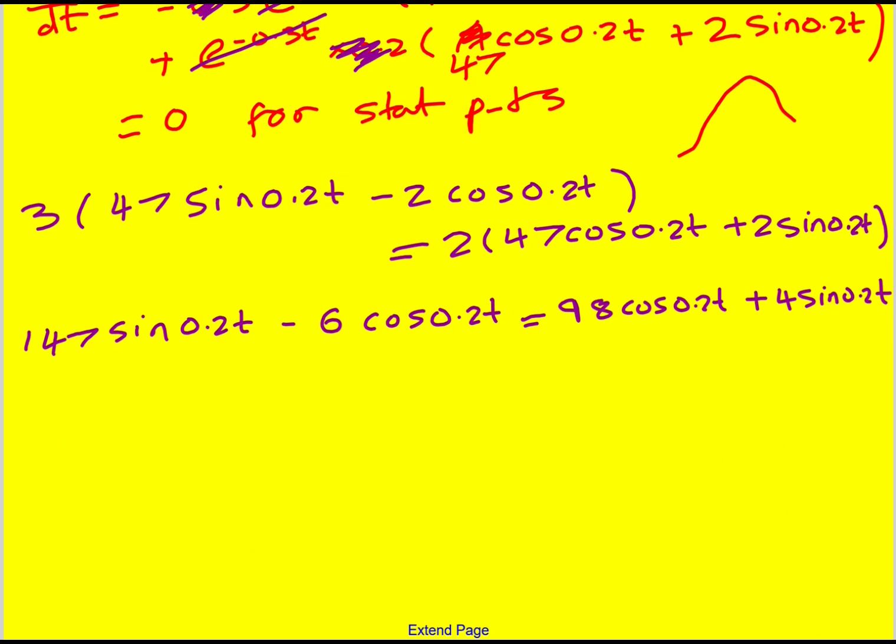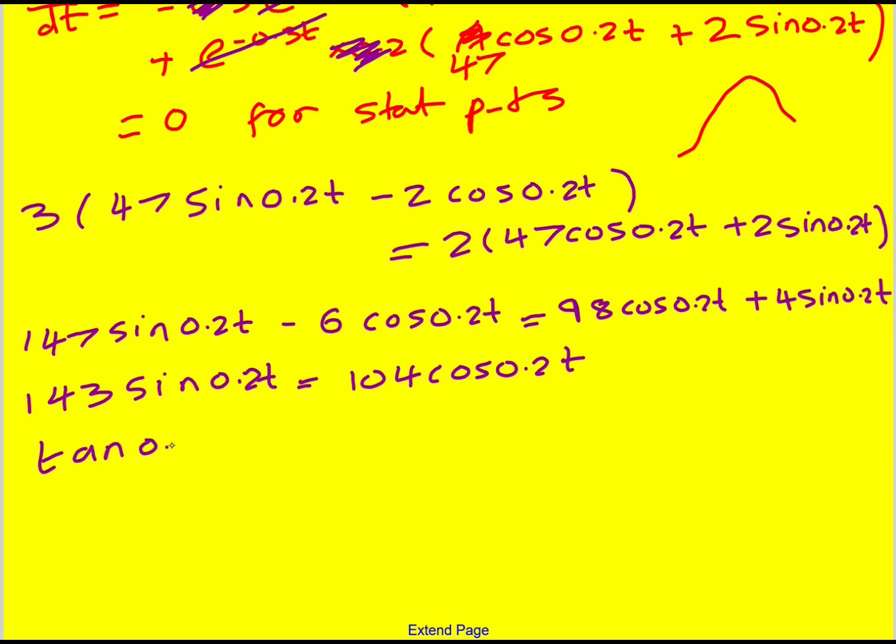We're going to be turning this into a tan equation, so I'm going to get 143 sine 0.2t is equal to 104 cos 0.2t. Divide through, so sine over cos becomes tan, and then 104 over 143, well, let's just leave it like that.